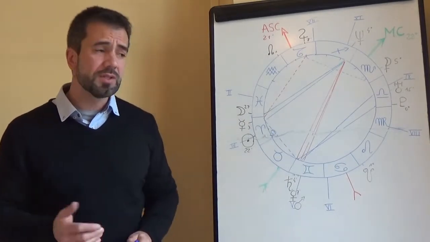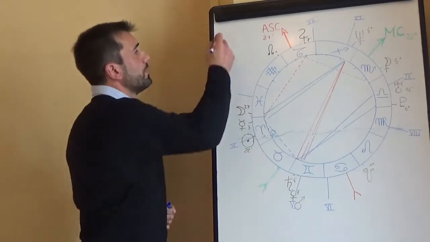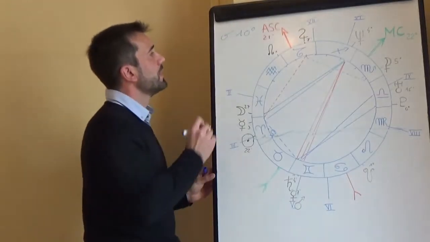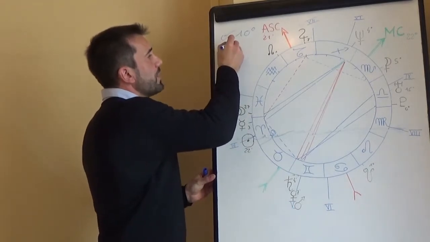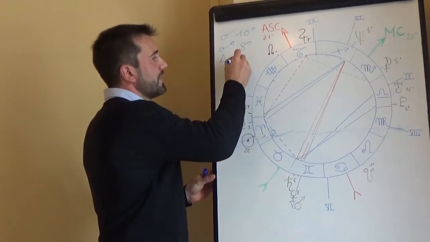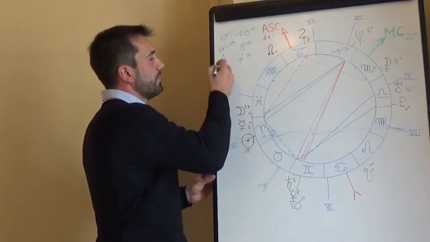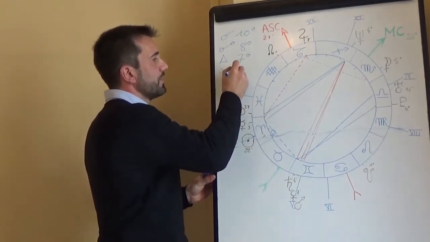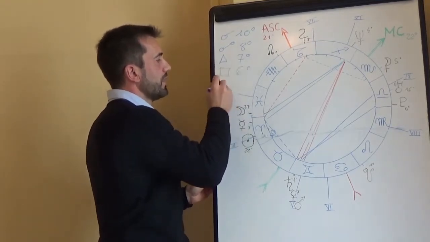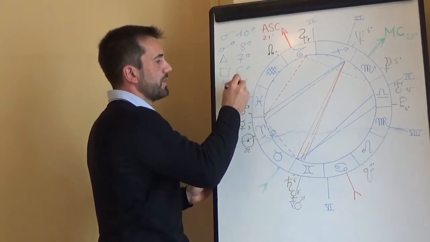As for the orbs, for the conjunction I take 10 degrees. For the opposition, I take 8 degrees. For the trine, I take 7 degrees. For the square, I use 6 degrees. And for the sextile, I use 3 degrees.